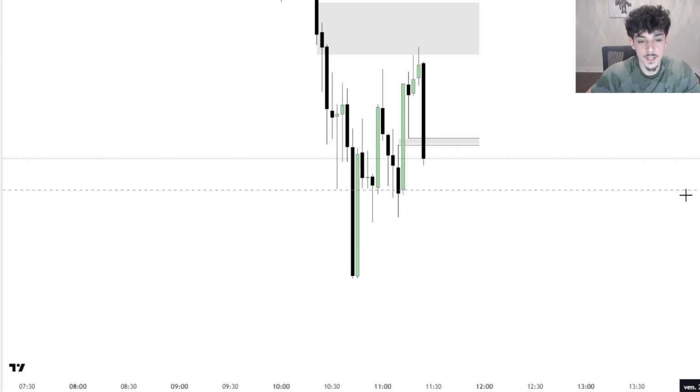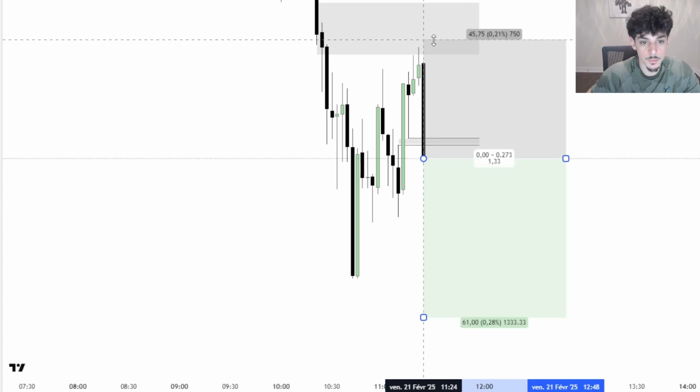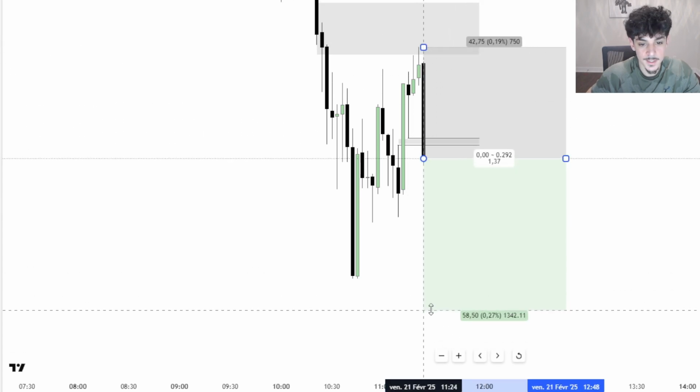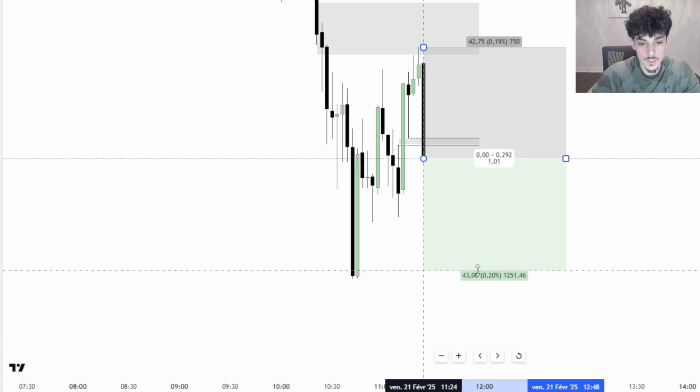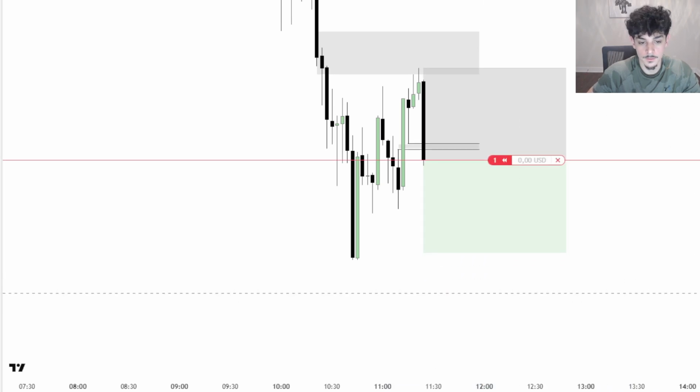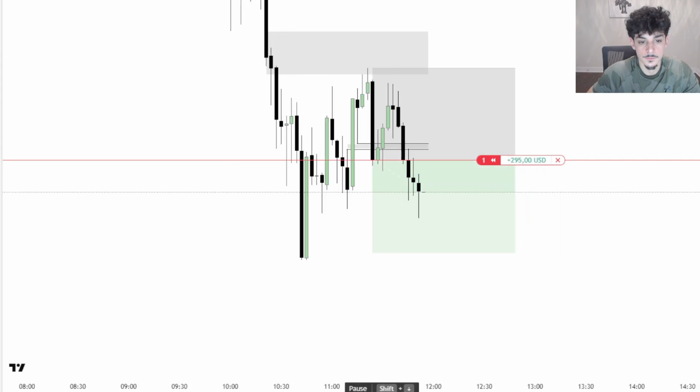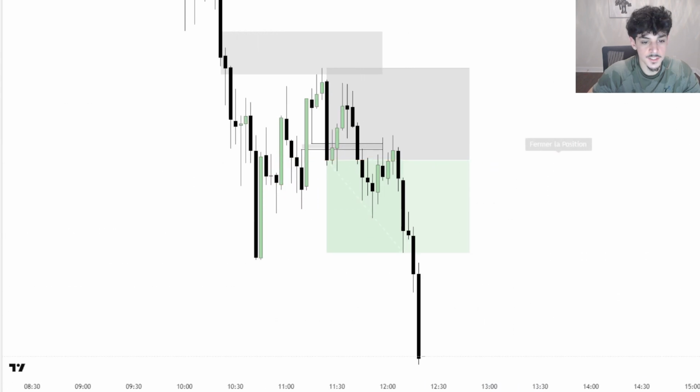So right here on this down close candle, I will then go short, stop loss right above the most recent high, and I will target the most recent low for a 1-to-1 right here. And as you can see, again, in a few minutes, you hit your target.